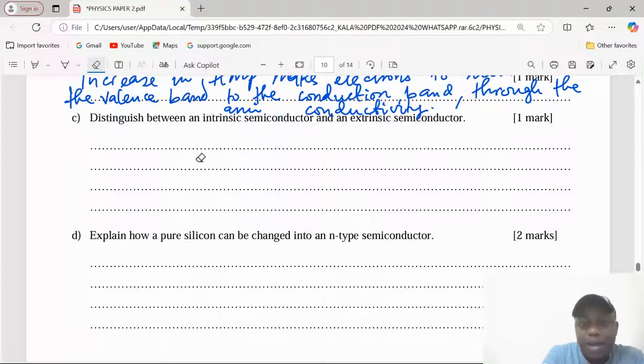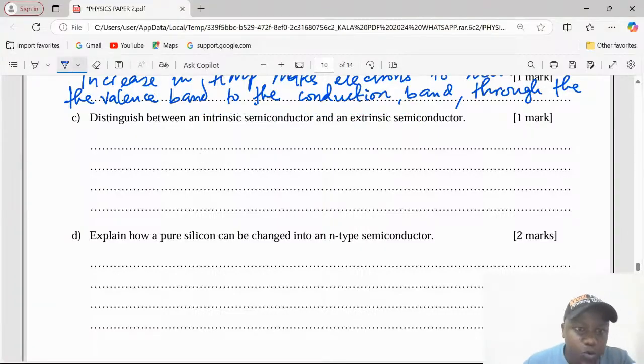The second part, we are asked to distinguish between an intrinsic semiconductor and an extrinsic semiconductor.